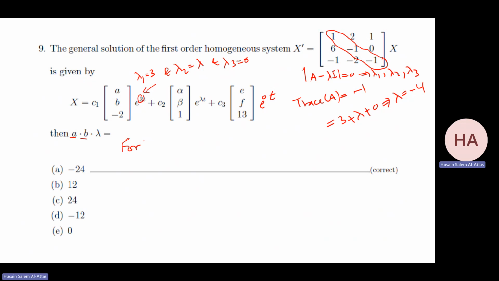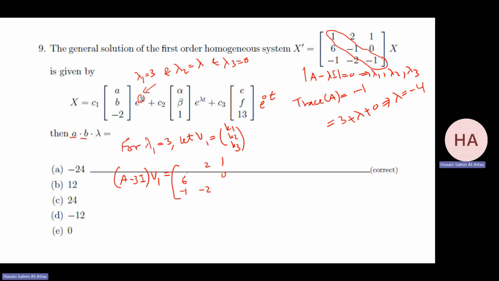So now for lambda 1, we call it equal to 3. I let V1 be K1, K2, K3, and I need to solve A minus 3I times V1, and that is what? I need to subtract 3, sorry.